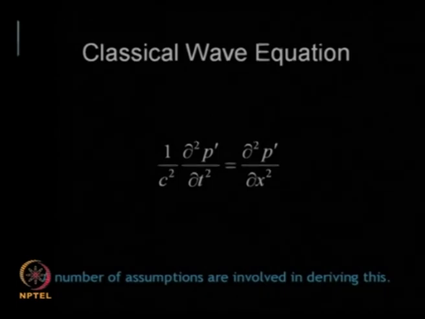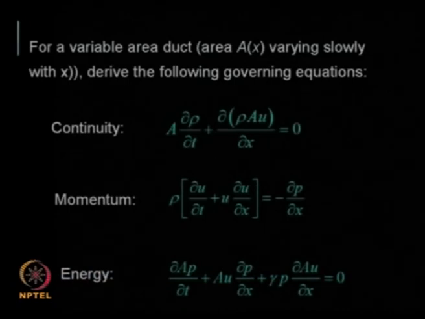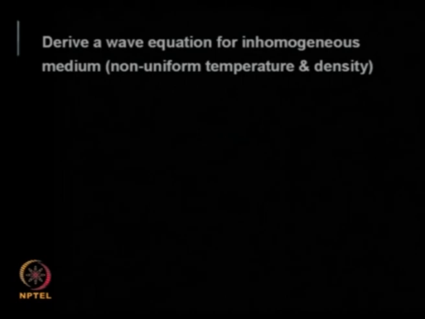Now let's try to relax these assumptions. So we had done this homework already, that we derived the equations of motion, the quasi-one-dimensional equations for continuity, momentum and energy, and you can use these partial differential equations and derive a wave equation for an inhomogeneous medium. An inhomogeneous medium here would imply a non-uniform temperature or non-uniform density.